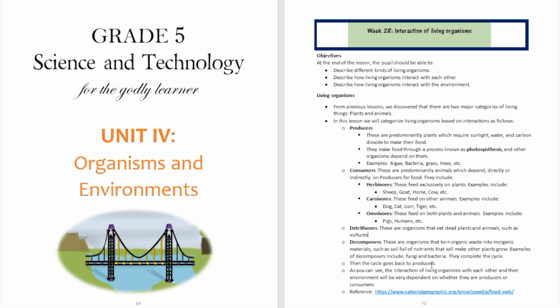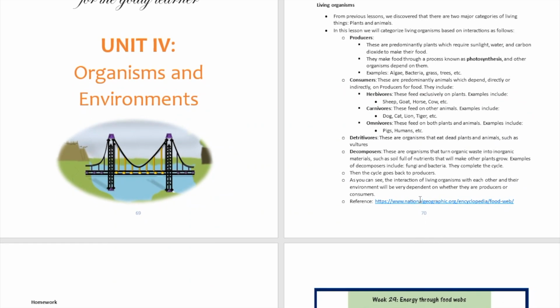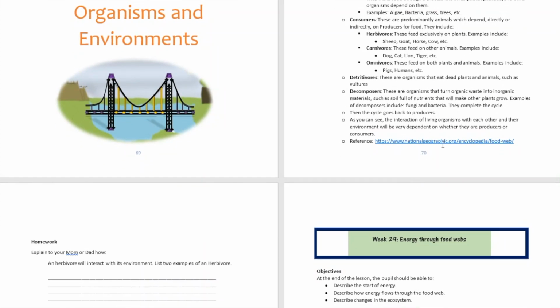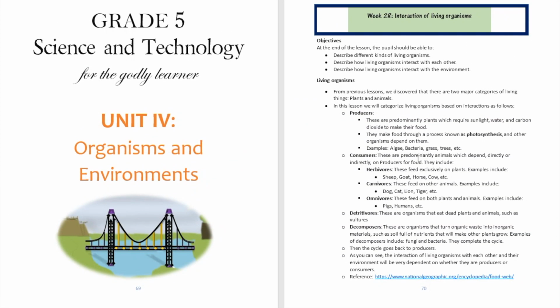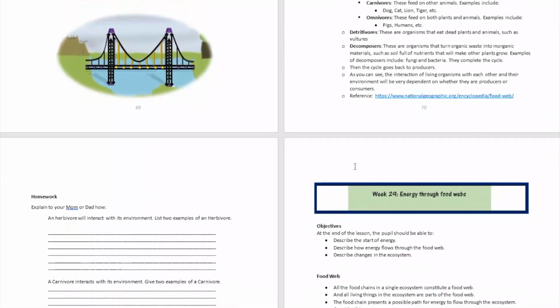And then the cycle is going to go back to producers again. So as you can see, the interaction of living organisms with each other and their environment will be very dependent on whether they are producers or consumers. And of course, you're welcome to reference this link over there, moms and dads. It's a National Geographic link to further show interactions with living organisms.